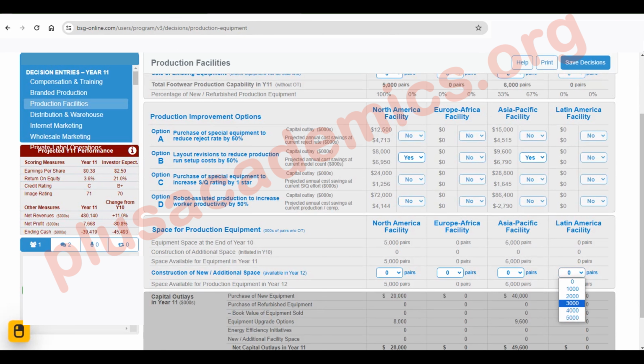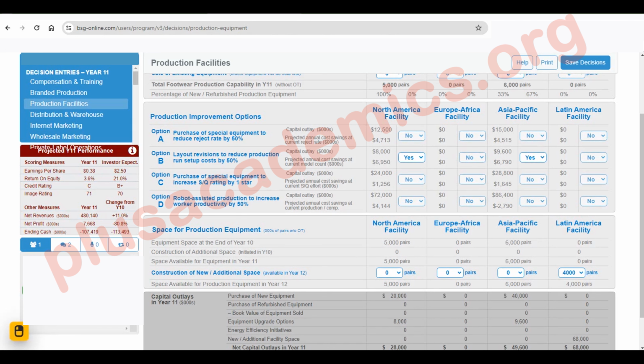And also remember that we are anticipating that we are going to have additional demand in future. And when you go to the business strategy game player guide, you're going to get some information about demand in future. When you use that report, it's going to guide you how much additional space you need to purchase, so that you'll be able to meet the demand that's going to be there in future.